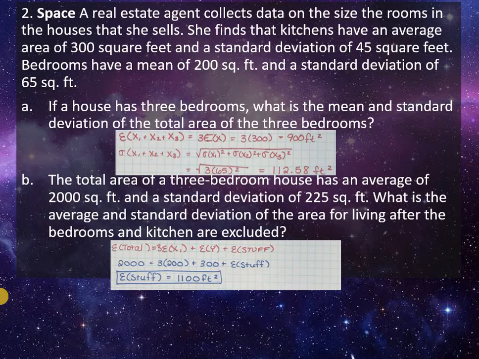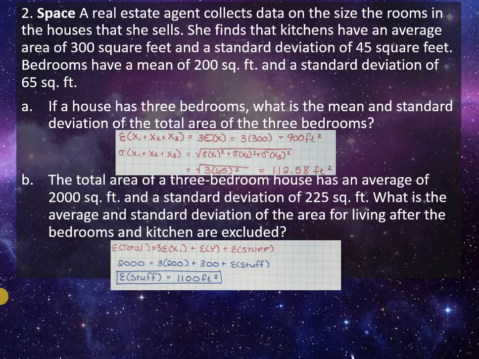So what we have to do here is we're going to say the standard deviation squared of the house, which is 225, is equal to the standard deviation of each of the bedrooms squared. So that ended up being, what, 65? 65 squared plus 65 squared plus 65 squared, plus the standard deviation of the kitchens, which is 45, so plus 45 squared, plus that other stuff squared.